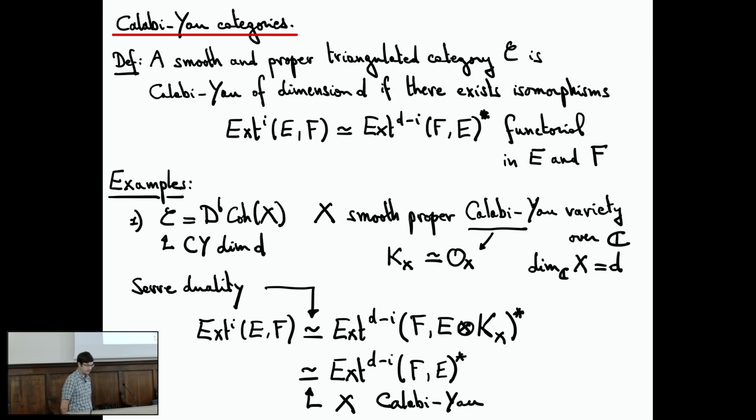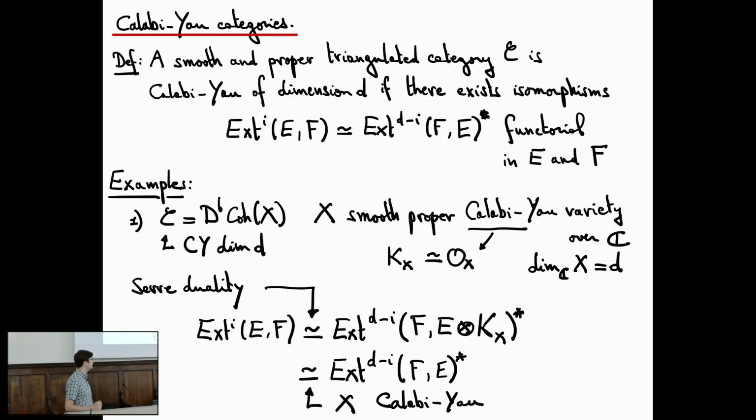So if there exist natural isomorphisms between Ext^i(E,F) and the dual of Ext^(d-i)(F,E) for every pair of objects E and F. I will not specify the full definition here. You want these isomorphisms to be functorial in E and F, and to satisfy natural compatibility conditions with respect to E and F.